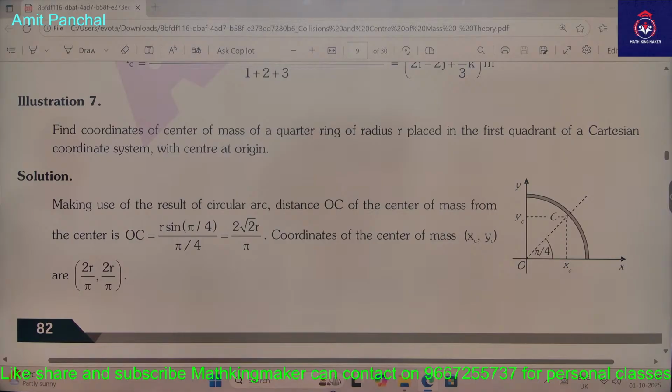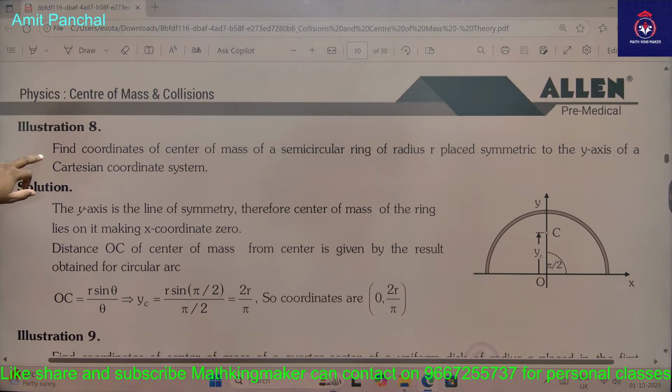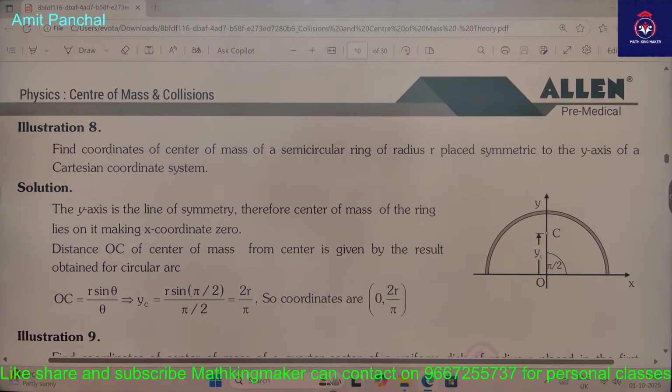Okay, so I think we have to do these types of questions now. Let's continue. Now in this also you need to find the center of mass.